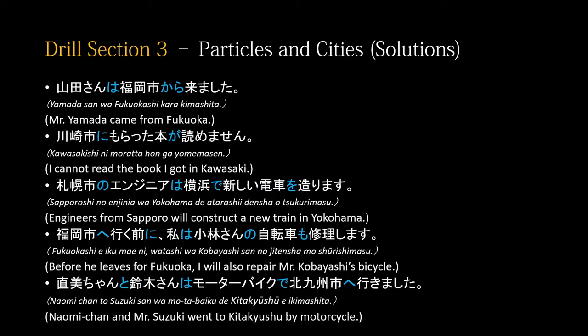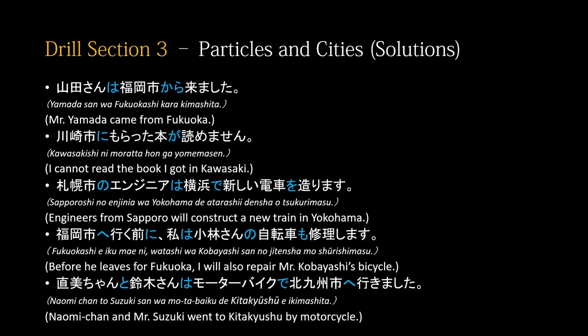And finally, our fifth sentence, Naomi-chan to Suzuki-san wa motorbike de Kitakyushu e ikimashita. And we see here four particles, to conveying the meaning of and, wa once again marking the topic, de means of transportation, and e the destination or the goal of their movement, and that was the city of Kitakyushu.